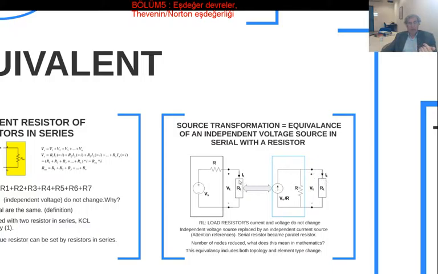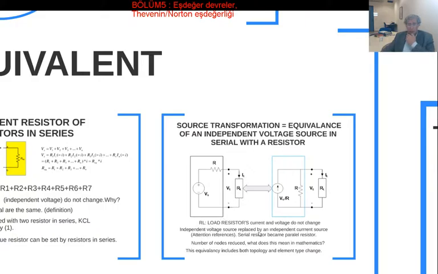So if you do the replacement with the equivalent circuits, the other elements' currents and voltages do not change, so these are equivalent. The RL in these circuits is called the load resistor. Load resistor current and voltage do not change by using the equivalent definition. We said that.